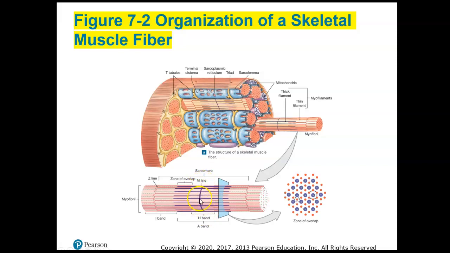The very middle of the sarcomere is called the M line. So we've got Z line, M line, and then we have the band that is formed from basically the myosin thick filaments, and a little overlap with actin, but it's basically the length of the myosin filaments, okay?